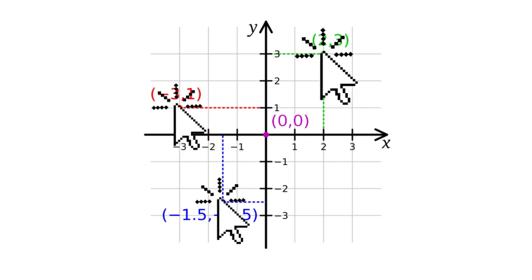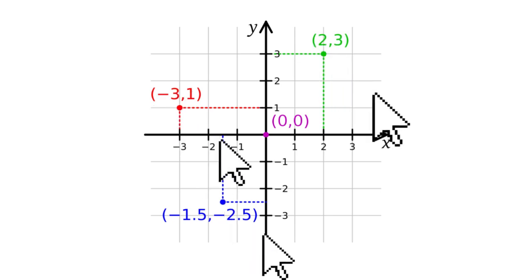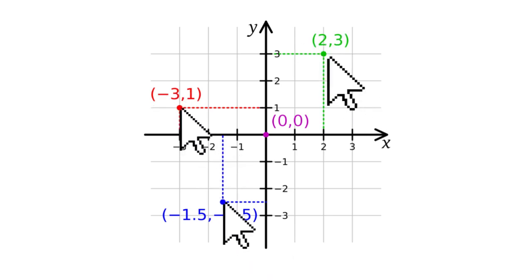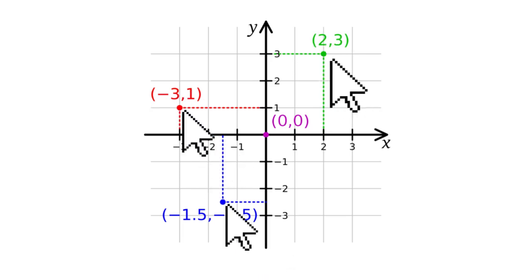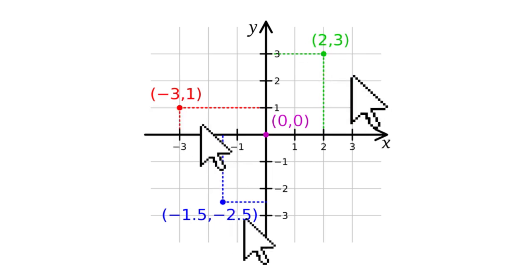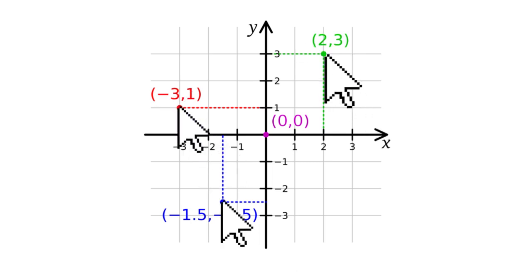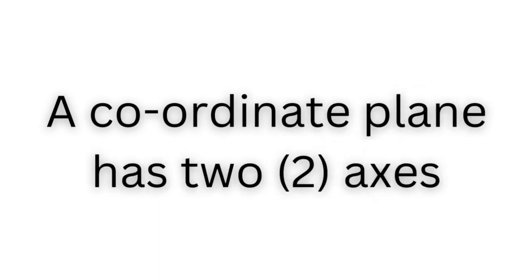Points are just where two numbers or letters meet and bond. A plane is a two-dimensional space. Now, a coordinate plane has two axes.